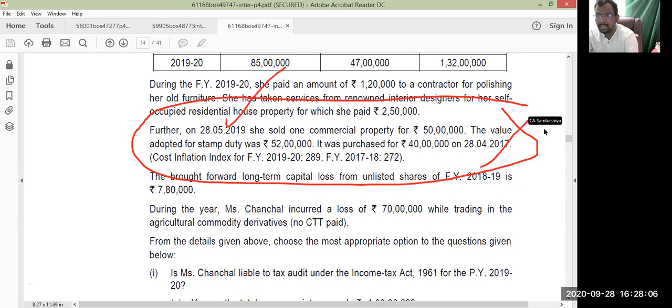So it's an immovable property, first of all. For immovable property, we need to look into the holding period of 2 years. Here, 2 years exceeded. 2017 they purchased, 2019 they have sold. So it's a long-term capital asset. Apply the indexation factors and everything, and calculate the long-term capital gains.